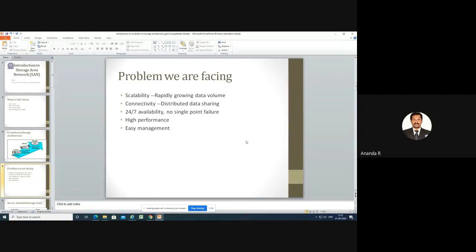Even after going home, we do some office work, we send some mail, some messages. We use online classes, online coaching, online seminars, webinars, so we listen or we conduct. When everybody is busy, everybody is working, we need 24 by 7 availability of data, every minute, every second, with no single point of failure.